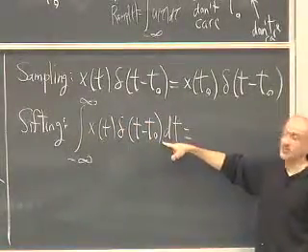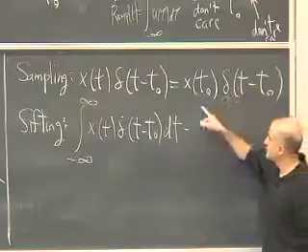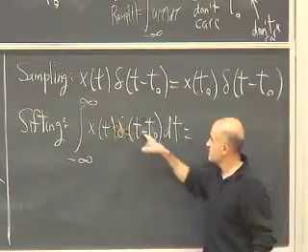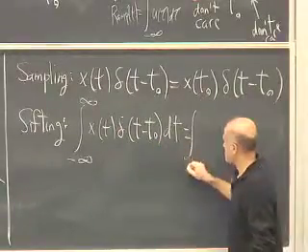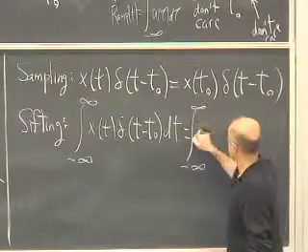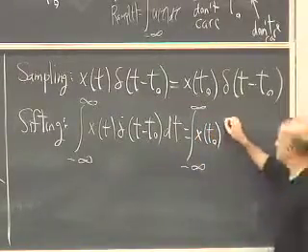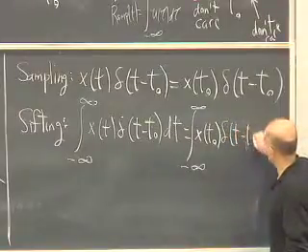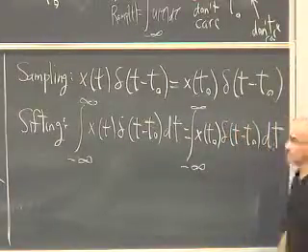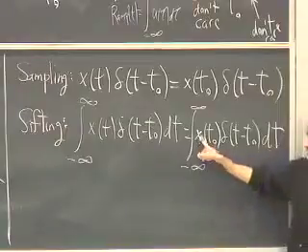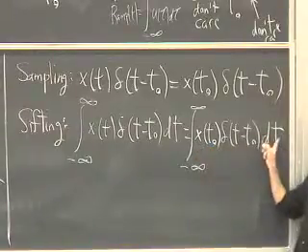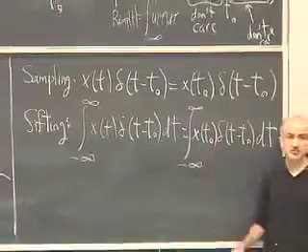You can get the result here by looking at the sampling property. X times the shifted delta is X evaluated at the location where the delta is active, times delta of t minus t naught, dt. Well, this x of t naught is a constant now. It has no t dependence anymore. So I can pull it outside the integral.